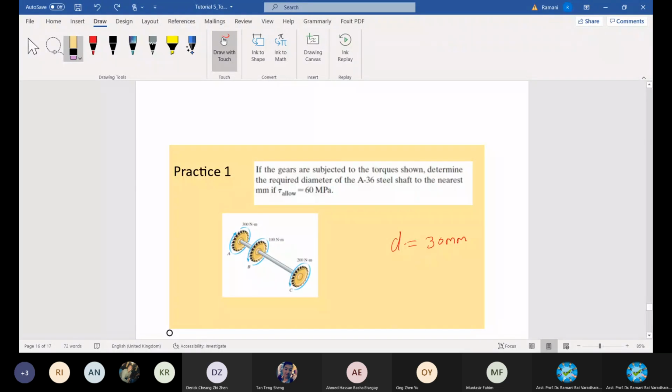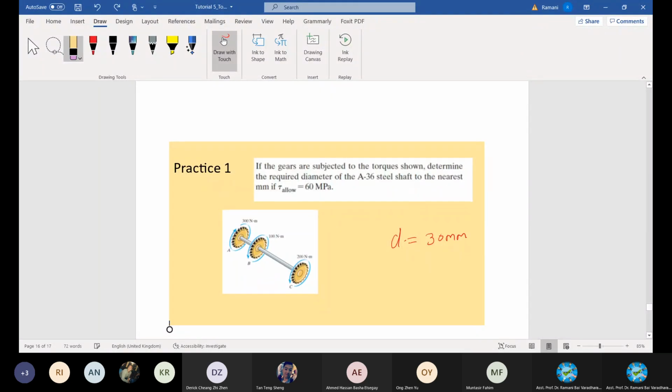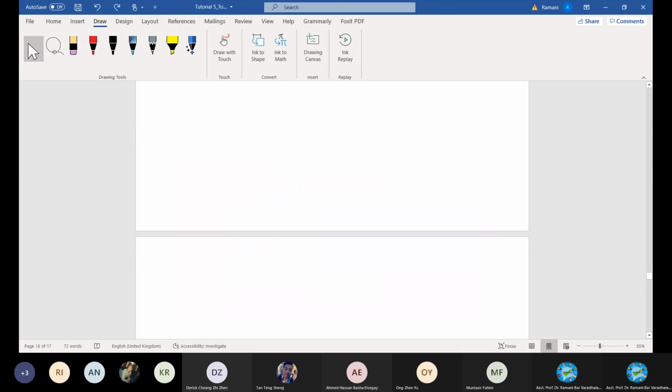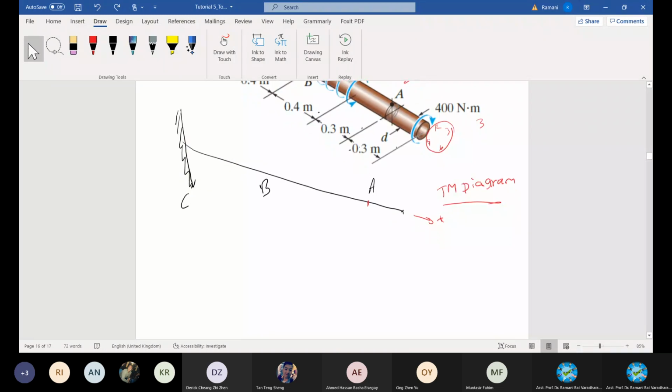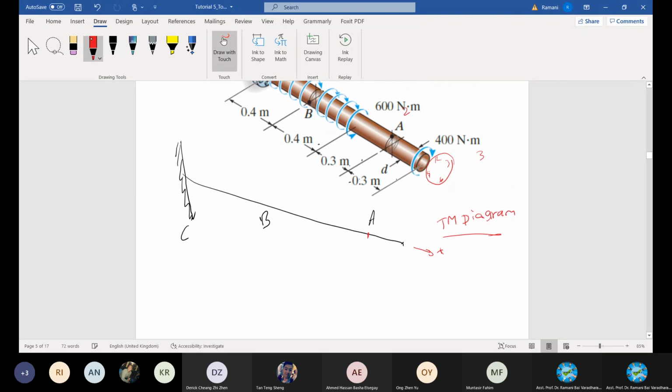We follow the same sign convention. Okay. Where is it running? Here. Okay, start from this point. It's 400 negative. I draw it downward, negative 400, and then moving on.